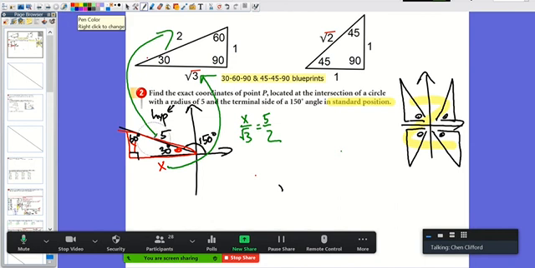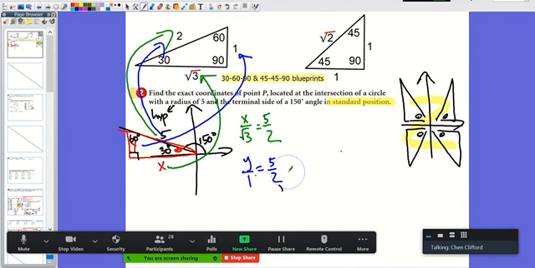The Y links up with the 1, and the 5 again links up with the 2, so Y over 1 equals 5 over 2. I'll cut straight to the chase here. Y is going to equal 5 over 2, and X is going to equal 5 root 3 over 2.